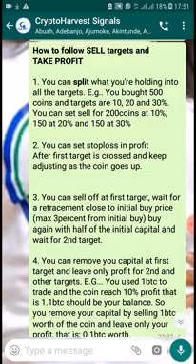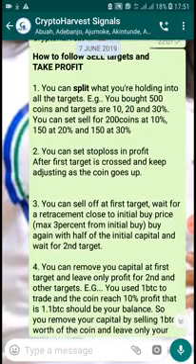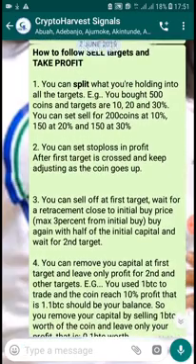Today, I'm going to be teaching us how to follow sell targets and take profits. Many a time we see signals with so many sell targets, and sometimes most of us want to go for the highest sell target we see there, or maybe the one we think would give us enough profit. Sometimes we just sell at the lowest, and we have different patterns of taking profit.